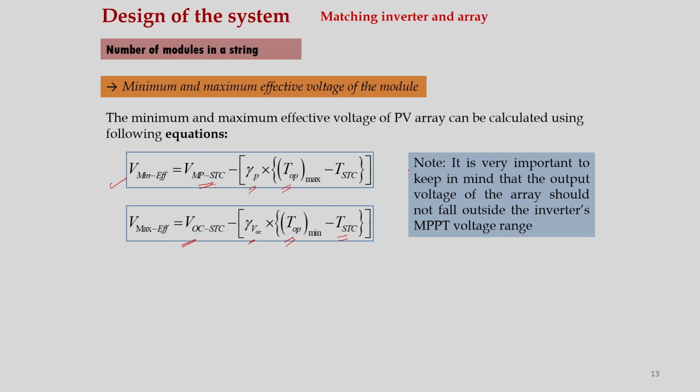Okay. So it is very important to keep in mind that the output voltage of the array should not fall outside the inverter's MPPT voltage range. Okay. So this is very, very important. This is one of the important design observations.